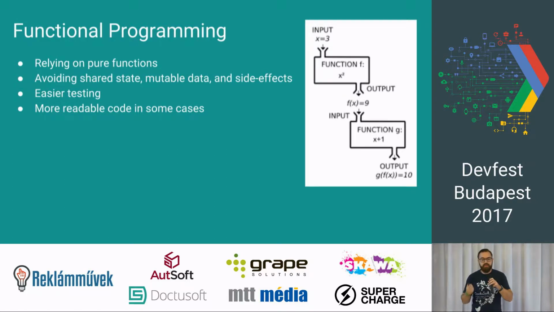Pure functions are key to this. Pure functions avoid shared state, mutating data, mutating global data, and avoid side effects. This means that every function's output is determined by its inputs. It makes it easier to test, easier to reason about, and if you are good at naming things, it may become more readable.